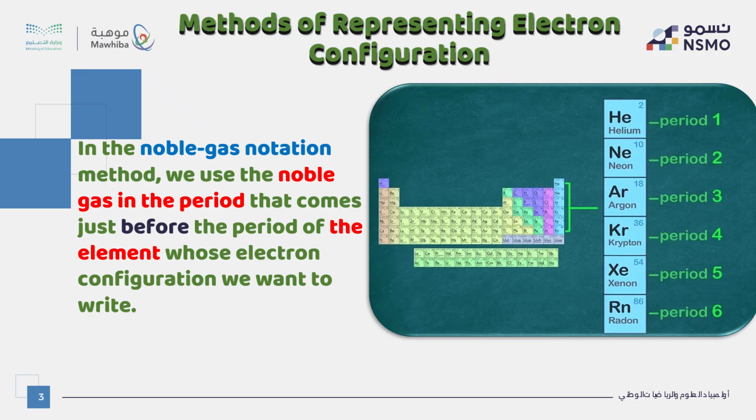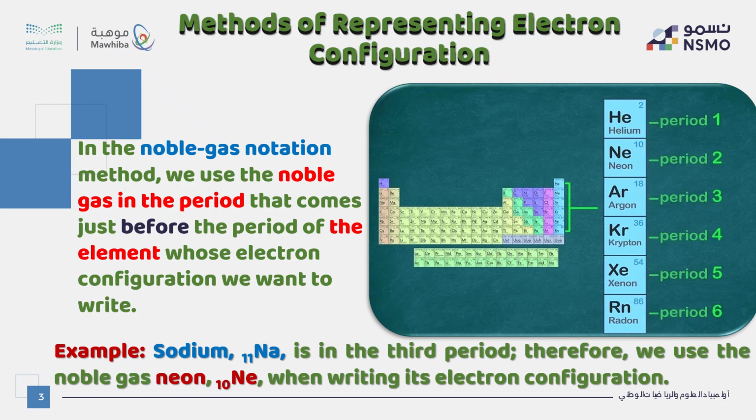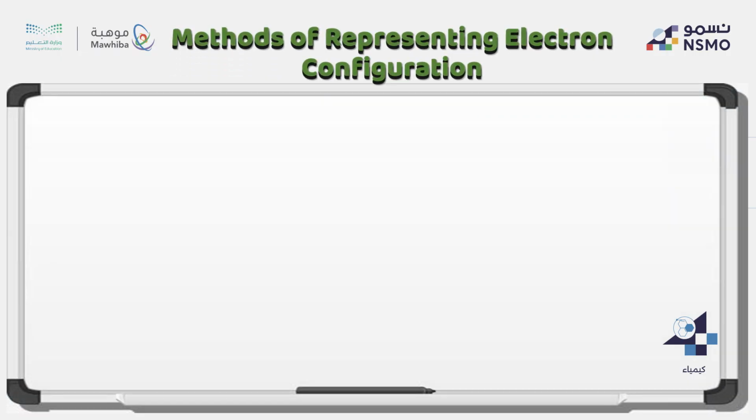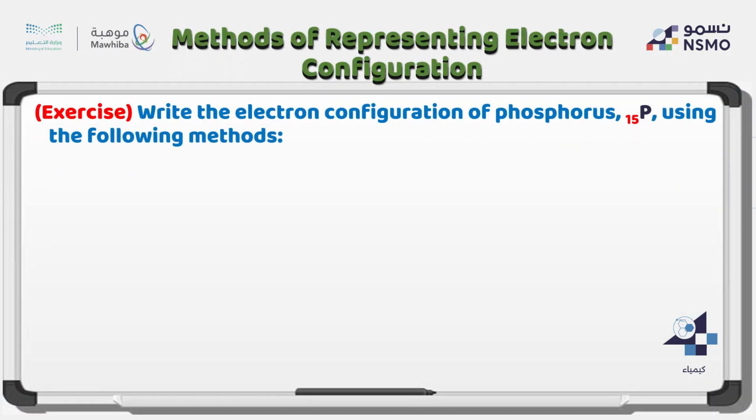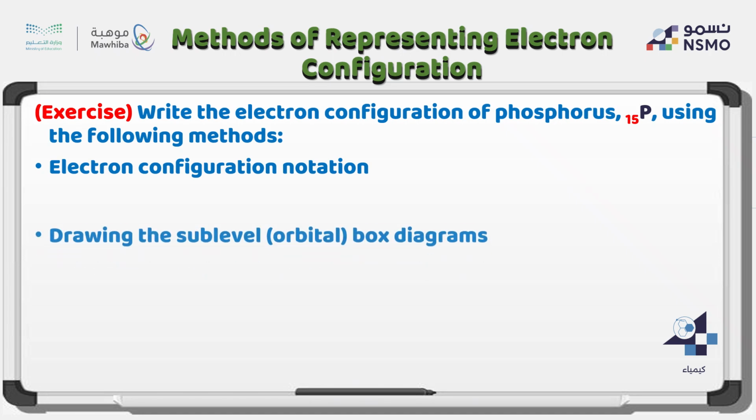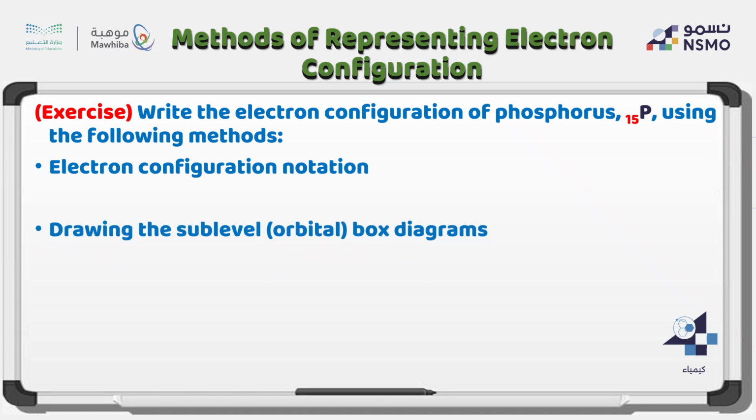Now let's move to the exercise. Write the electron configuration of phosphorus, P 15, using the following methods. First, electron configuration notation, second, drawing the sublevels orbital box diagrams, and third, noble gas notation.